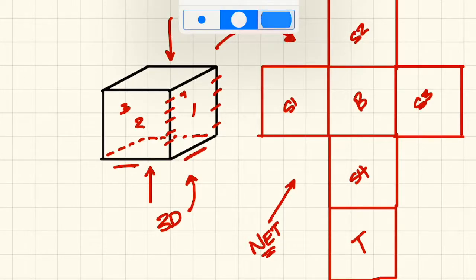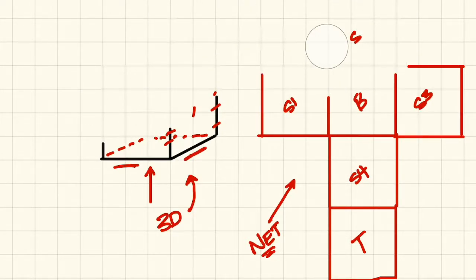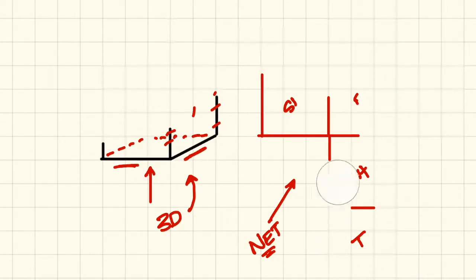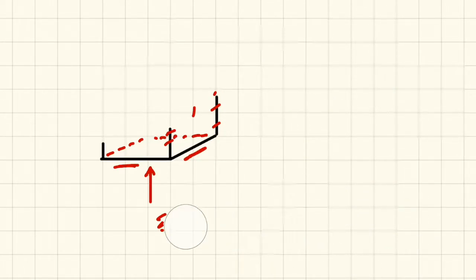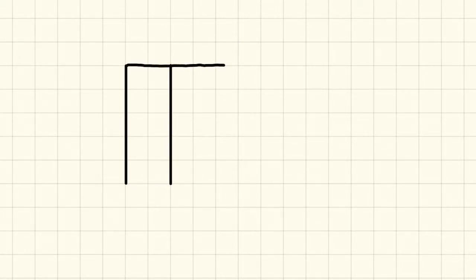I'm going to get rid of all this, and let's do it differently. Let's take a look this time at, what about this? Let's see here. I want you to kind of start visualizing. I'm going to show you the net first this time.